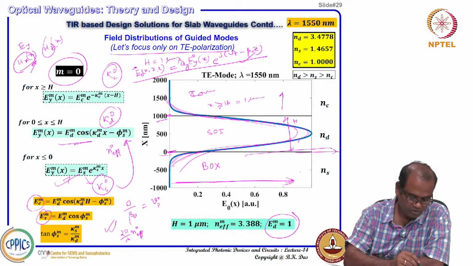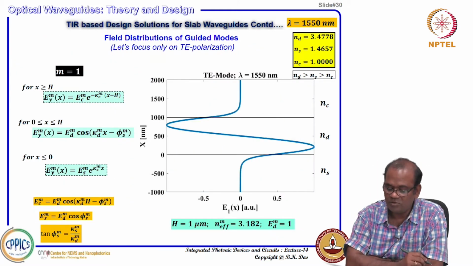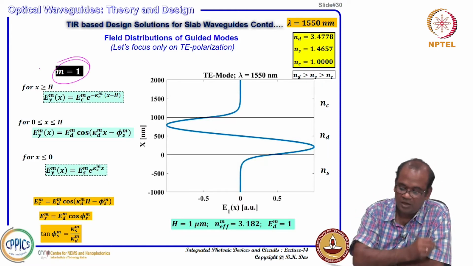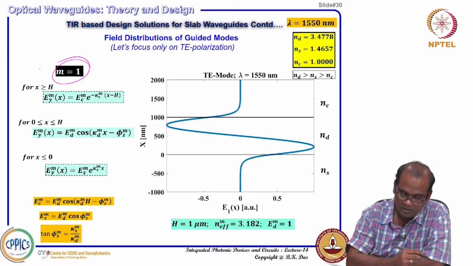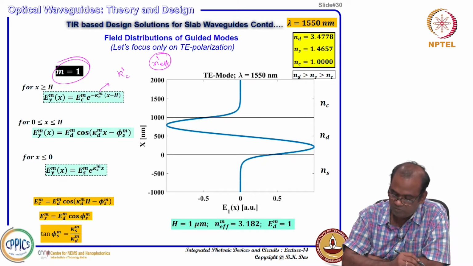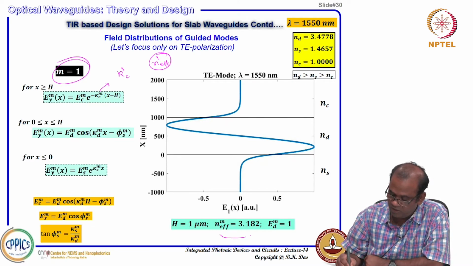Okay, good. So similarly, I can also consider m equal to 1. If mode m equal to 1, then you can calculate kappa C 1, because kappa C 1 again you get from n effective 1. You have the value of n effective 1, that value is also given here for h equal to 1 micron.